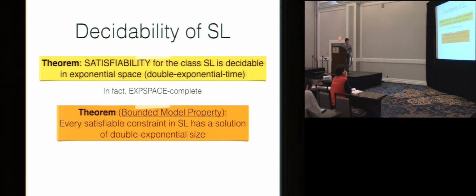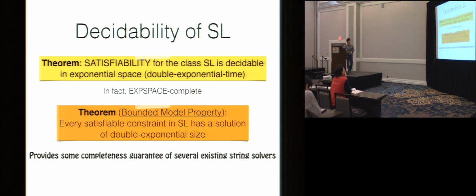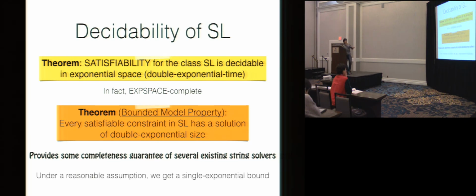You can think of the last theorem as a kind of completeness guarantee for several existing string solvers. There are string solvers out there that support both concatenation and some kind of transductions like replaceAll. So you can think of this as a way of providing a completeness guarantee. And as a matter of fact, under reasonable assumptions, we can get a much better bound, a single exponential bound. I'll explain in a minute.